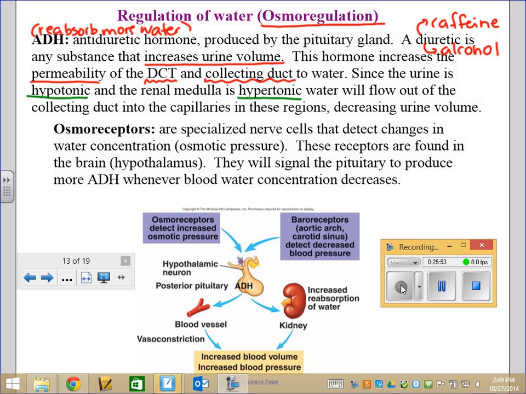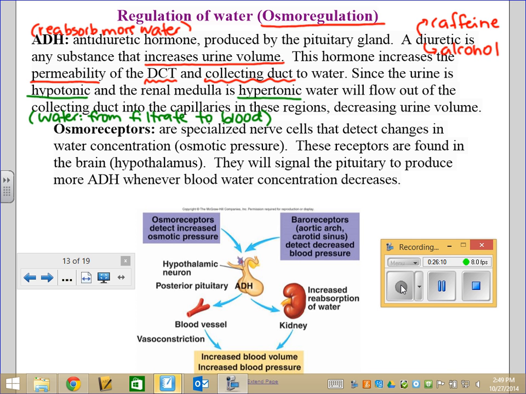So the idea here is that water goes from the filtrate to the blood. We're removing water from the filtrate. That is the goal of this hormone.